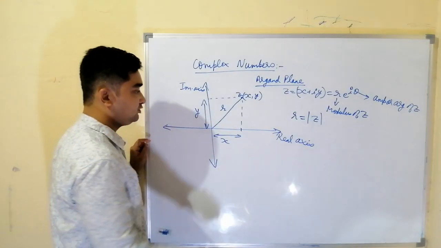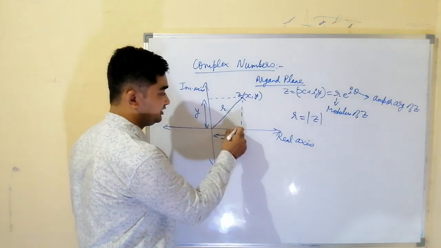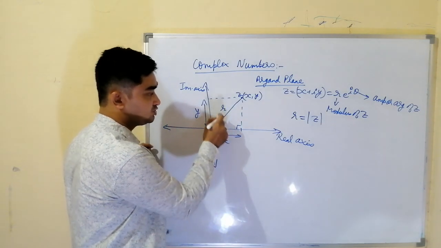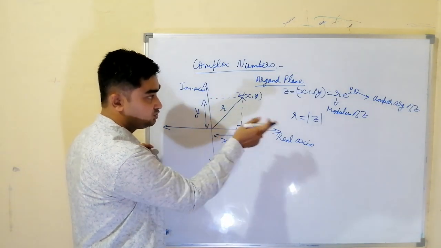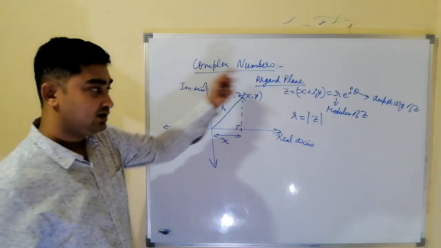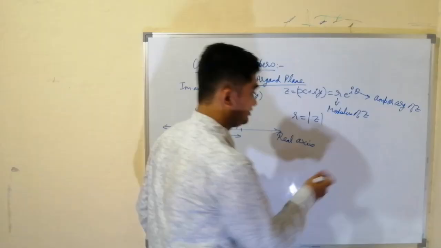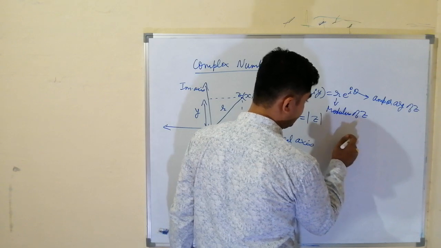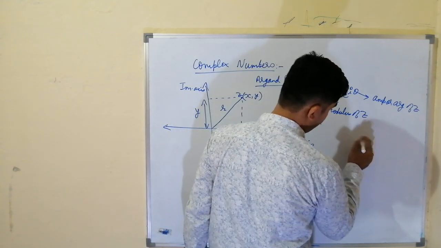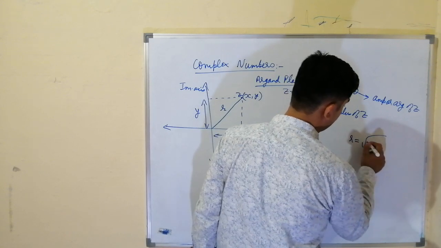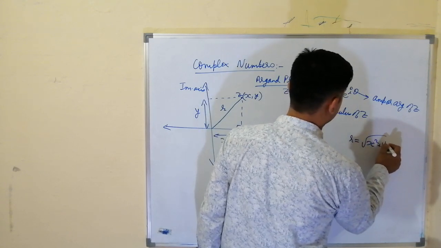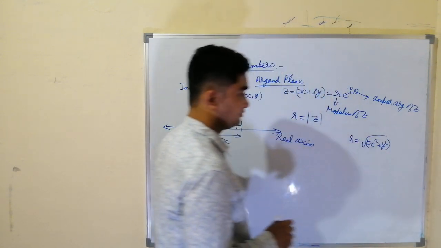From 2D geometry we know this is x and this is y. It is a right angle triangle. Apply the Pythagoras theorem: hypotenuse square is x square plus y square. That means r is equal to under root of x square plus y square. That we derived just before.